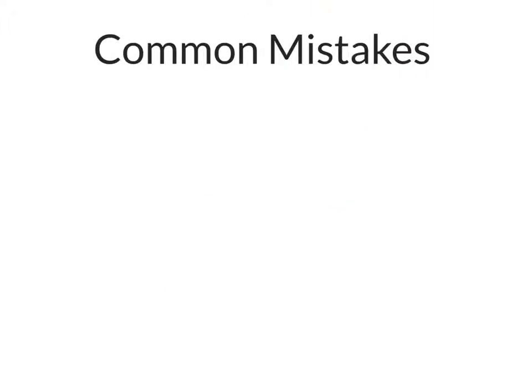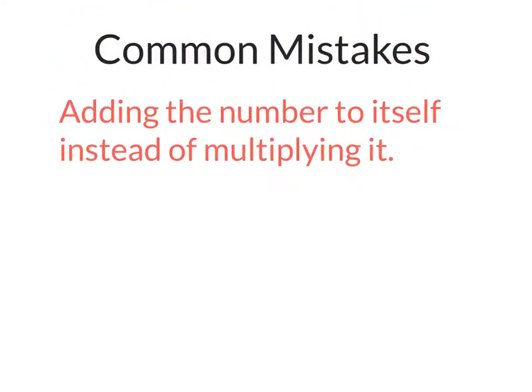Let's talk about some common mistakes that some people make. One mistake people make is they are adding the number to itself instead of multiplying it. This is an example of what not to do. This is 2 to the 3rd power. A common mistake is saying 2 plus 2 plus 2 would be 6, but that would be incorrect.